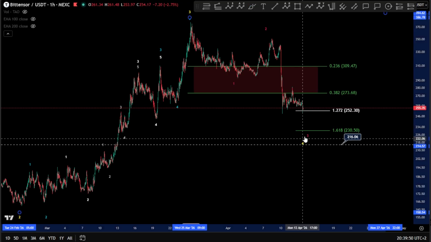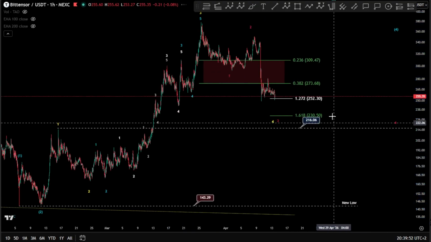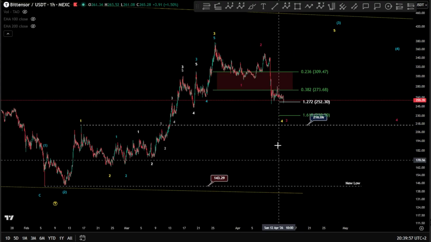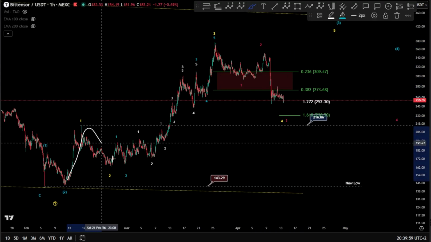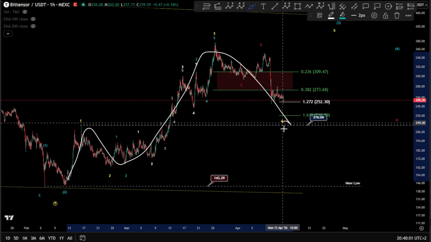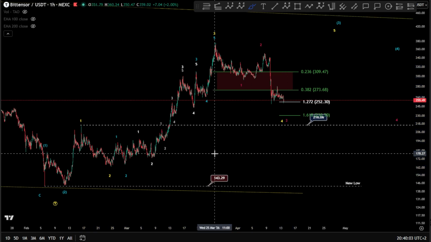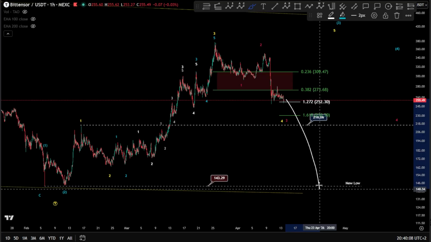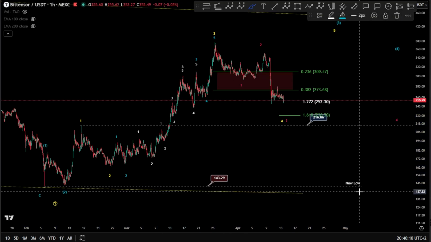So we have to be careful, especially as we are getting closer to the $216, which is our invalidation for this impulse toward the upside as a 1, 2, 3 here. Wave 4 is not allowed to interfere with the zone of wave 1. If this happens, that means the probability gets much higher to take the low one more time.